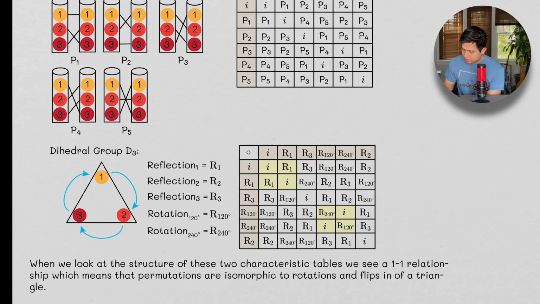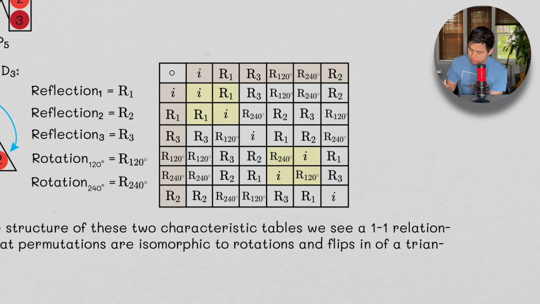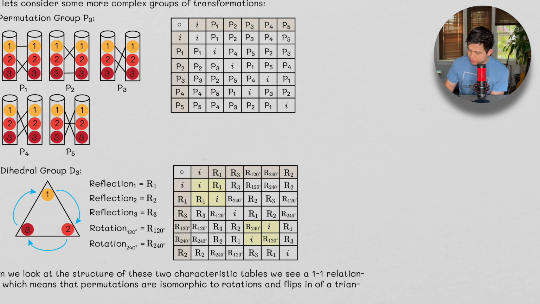And so when we organize our table in this way here, where we have I, R1, R3, and R2, same thing going down this way, then we can see here that we map P1 to R1, P2 to R3, P5 to R2, P3 to the rotation of 120, and P4 to rotation of 240.